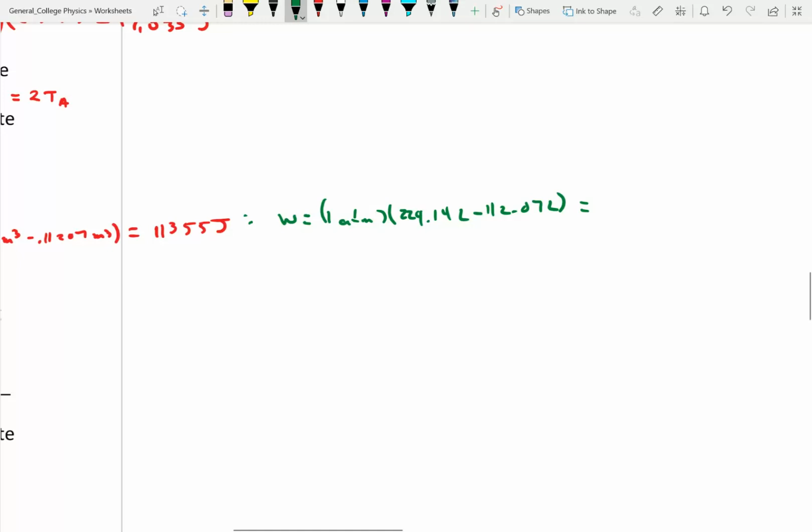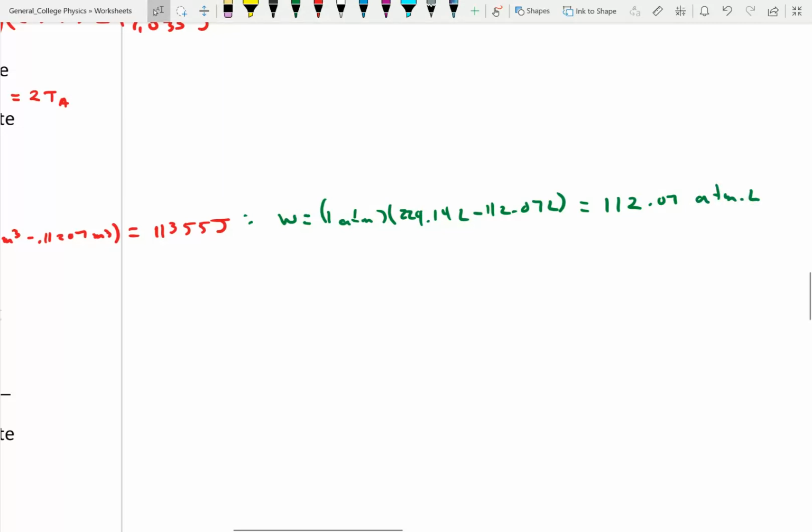I have to change my spreadsheet because I already applied my conversion factor. So that gives you 112.07, and the units for that are atmospheres times liters.